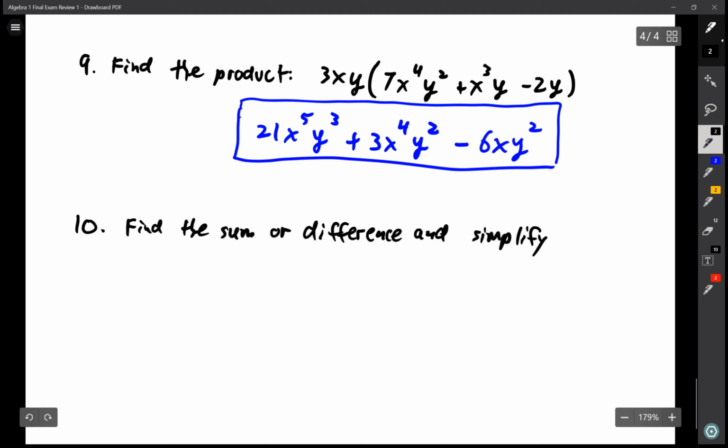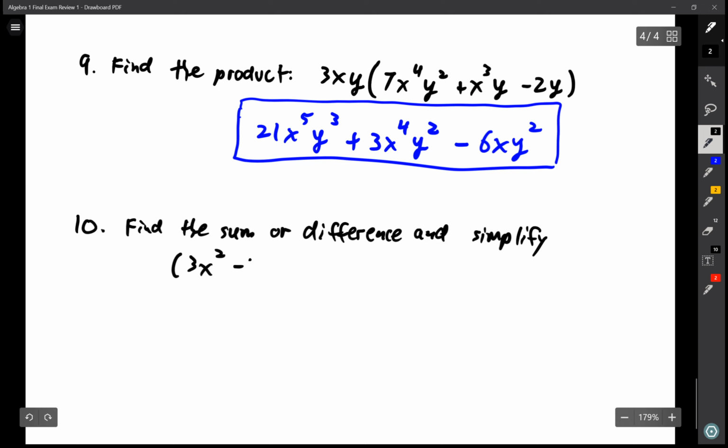We have 3x squared minus 7 plus 4x plus 7 minus x squared plus 5x minus 8.